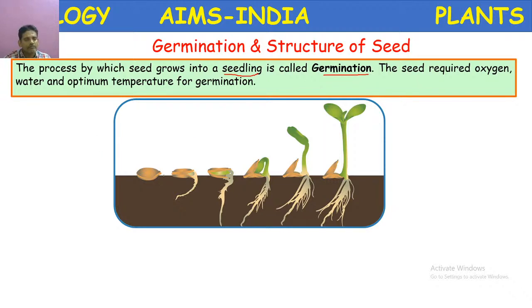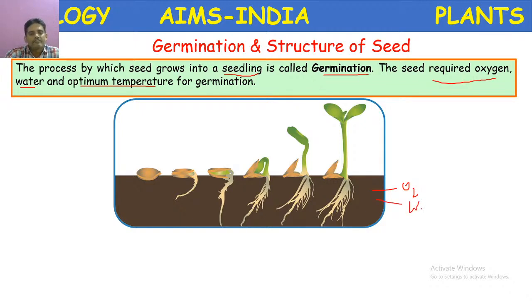So during that time, we have to provide certain conditions. What are those conditions? Seeds require oxygen, water, and optimum temperature. These are the three main conditions required for the germination of seed. The soil contains oxygen, and the soil contains water.